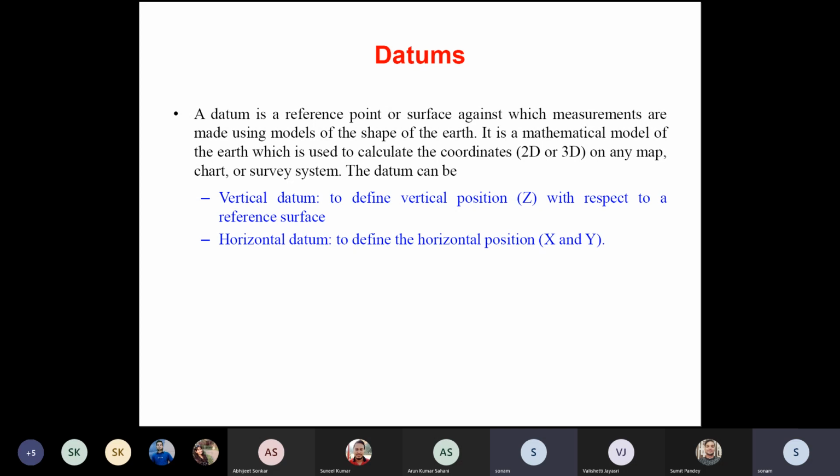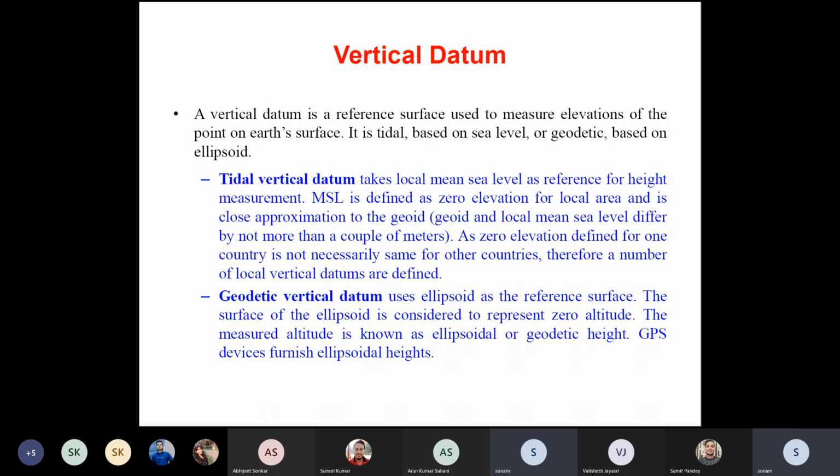When we examine the datum, there are two things: the vertical datum, which is used to define the vertical position Z with respect to a reference surface, and the horizontal position, which we define in terms of X and Y. First thing is the vertical datum.